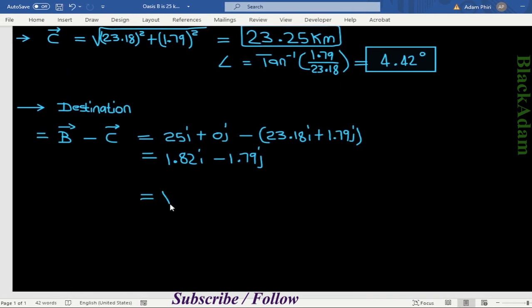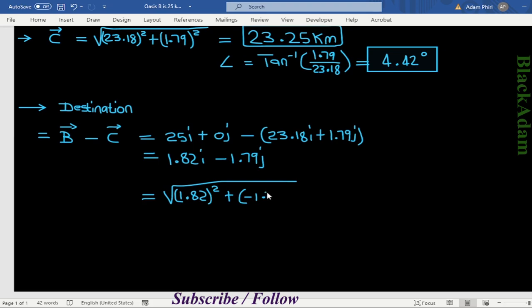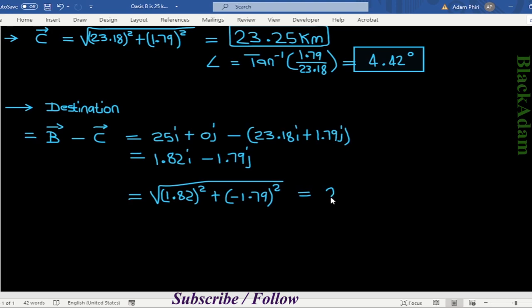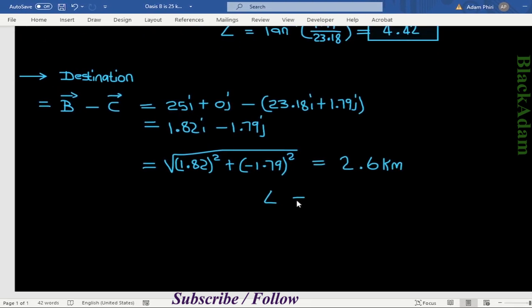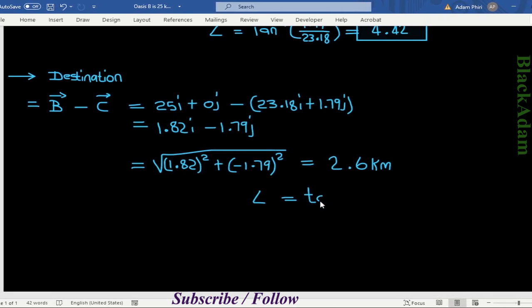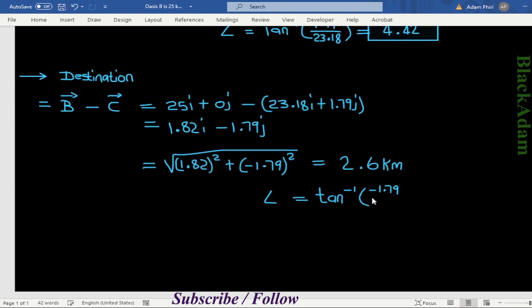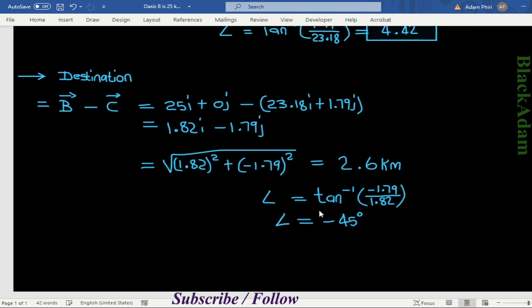Now to find the real distance, we take the square root of 1.82 squared plus negative 1.79 squared. So that gives us a total of 2.6 kilometers. So at what angle is that? So we find the ratio again, inverse tan of negative 1.79 over 1.82, and calculating that gives us, from the calculator, negative 45 degrees.